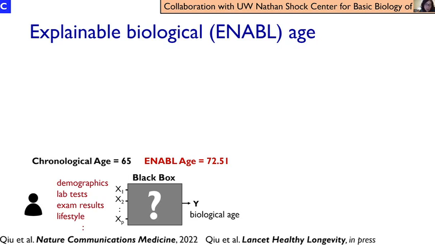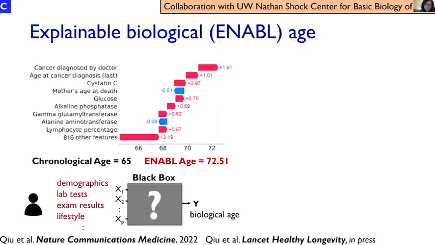Here's how it works. For a 65-year-old person who turned out to be 72 in terms of biological age, the explanations that increase or decrease the age come with the extent in the unit of years, which makes it super interpretable.